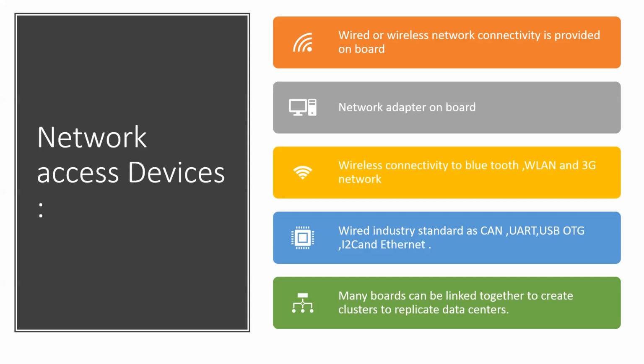Apart from this, single board computer systems also have the ability to communicate with the internet. So this is also one of its key features, and this provides the same capability as your desktop.